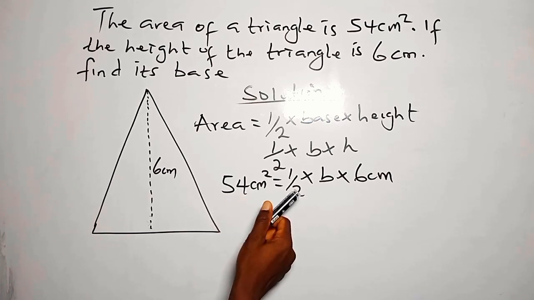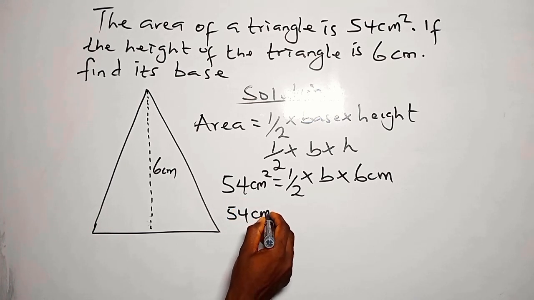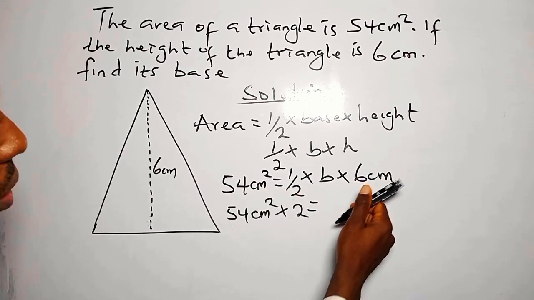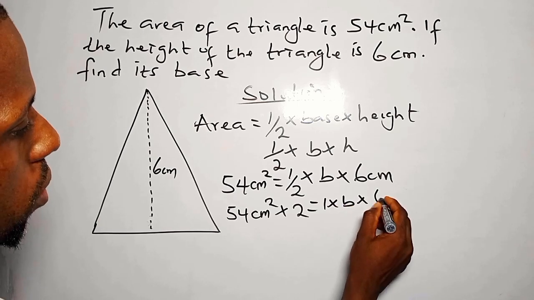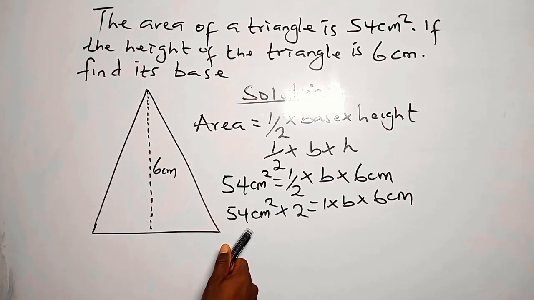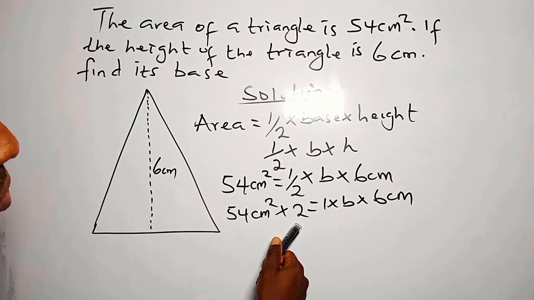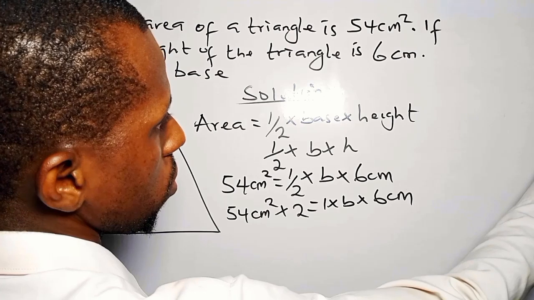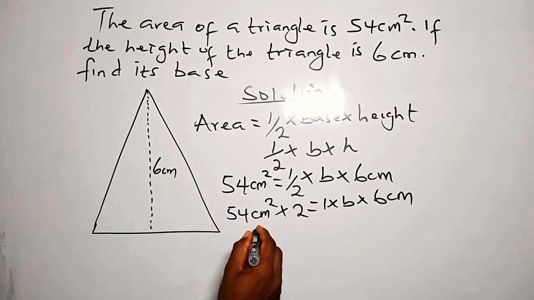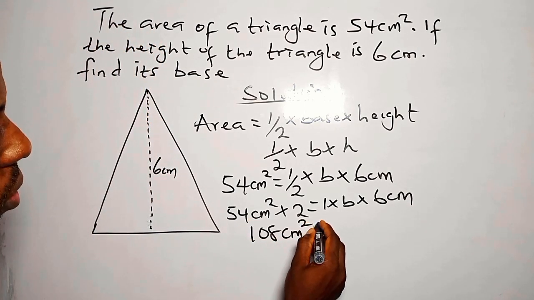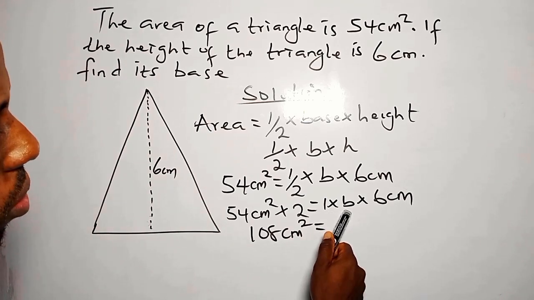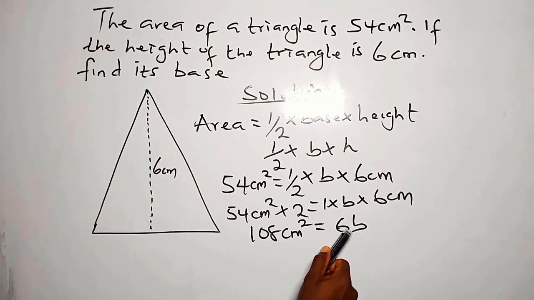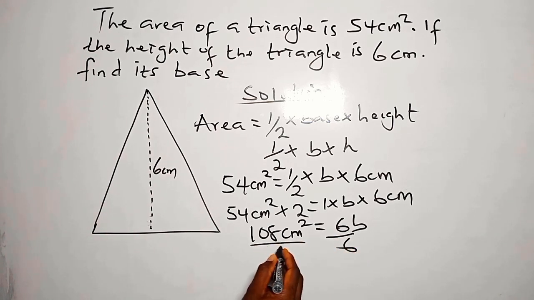We multiply both sides by 2, so we say 54 centimeters squared times 2 equals 1 times b times 6 centimeters. When we calculate that, we have 108 centimeters squared equals 6b. To get the base, we divide by 6.